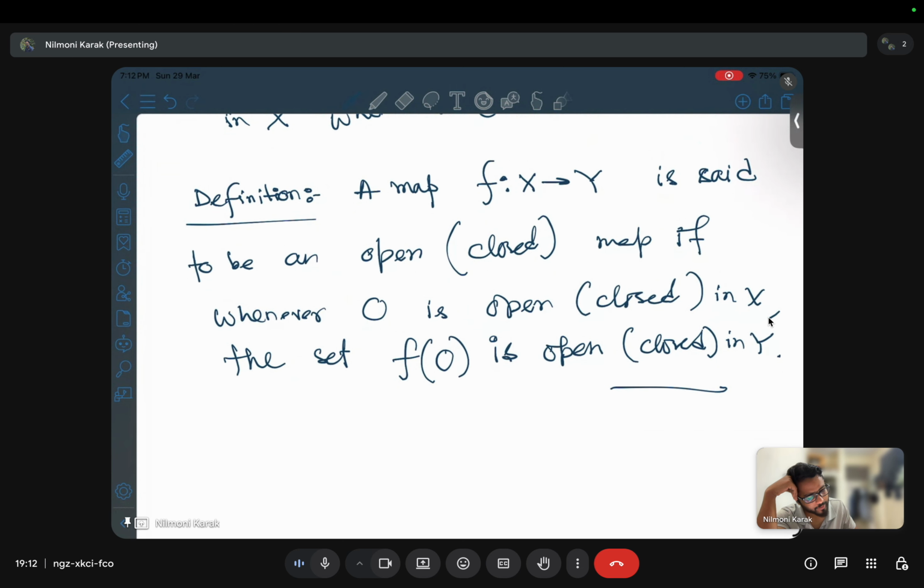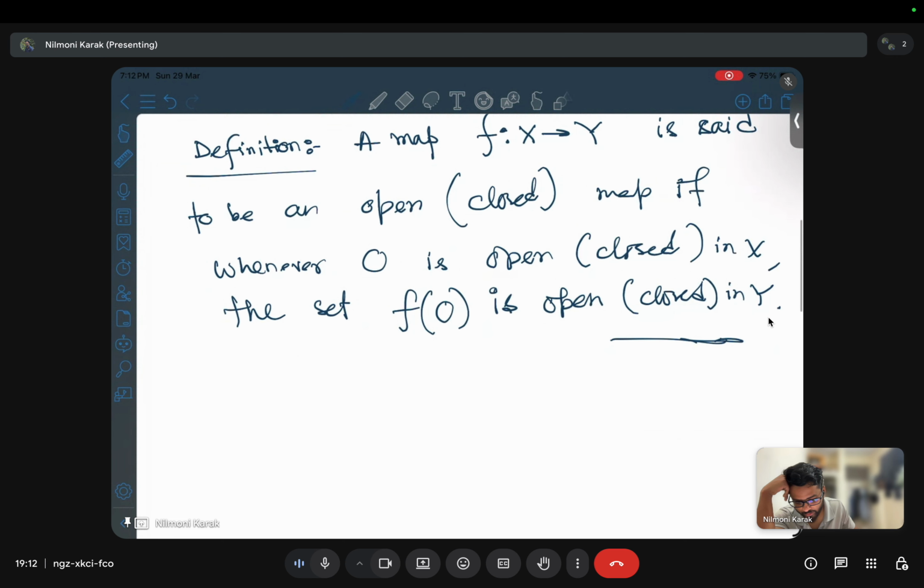But this is not the open mapping theorem. This is the definition of an open map.